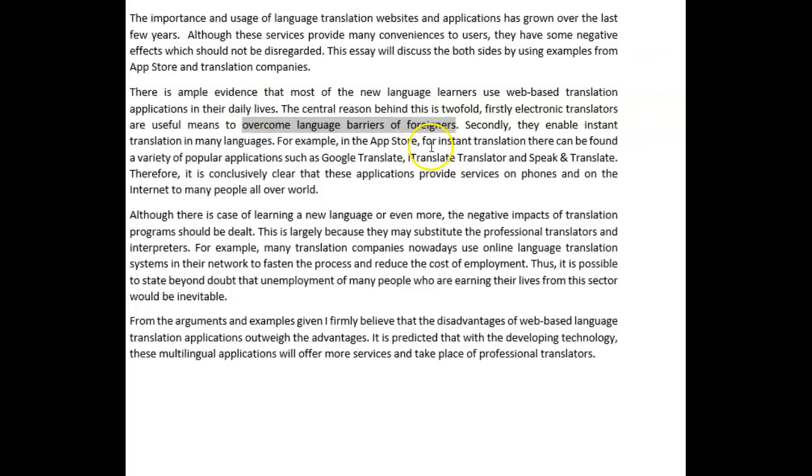And here, when you said they enable instant translation in many languages, you could have told us some examples, that applications like Google Translate, for example, does instant translation to over 50 languages. Okay, so that's the kind of support.